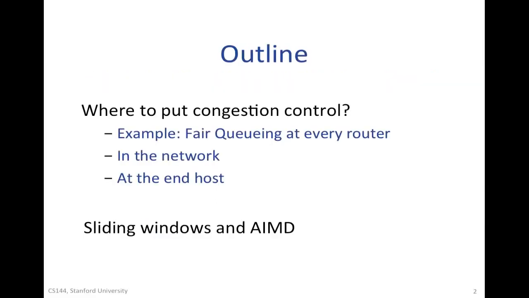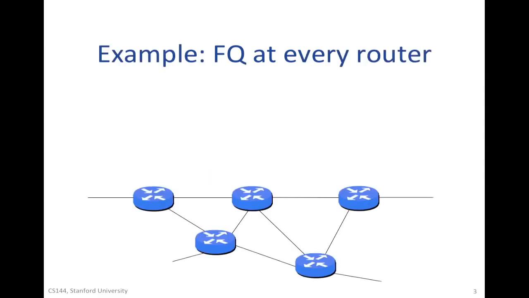So I'm going to start with a consideration of where to put congestion control. In fact, you may have already been wondering why it is that we can't simply use fair queuing.